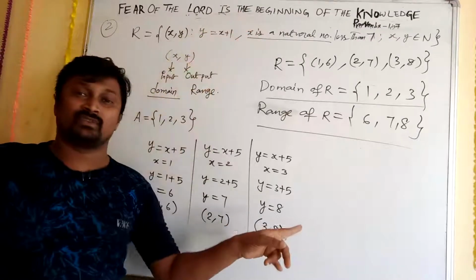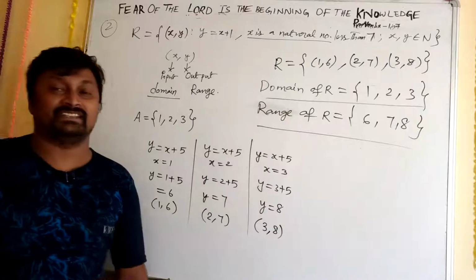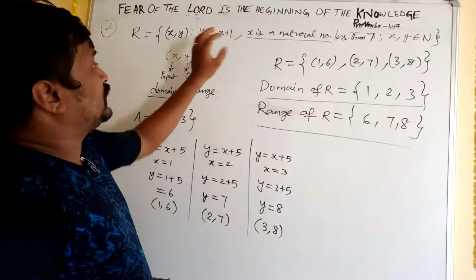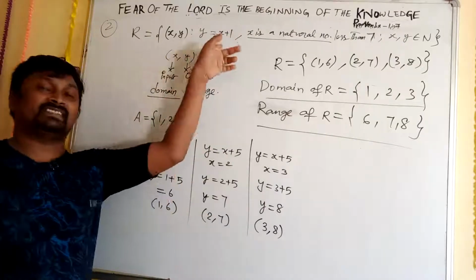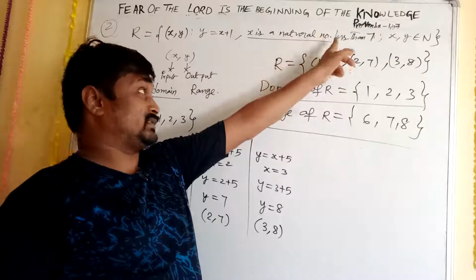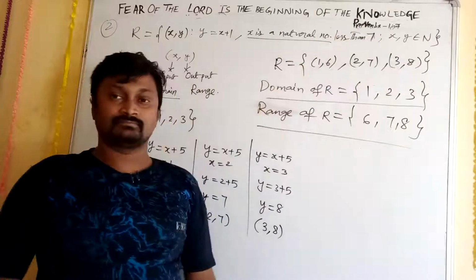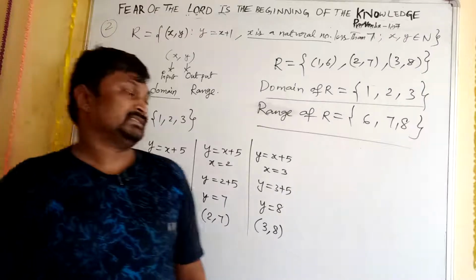Don't write all this in your notebook. Do it in your rough work and then tell me your domain and range. So if y is equal to x plus 1 and here we are given x is a natural number less than 7, tell me your answers fast.